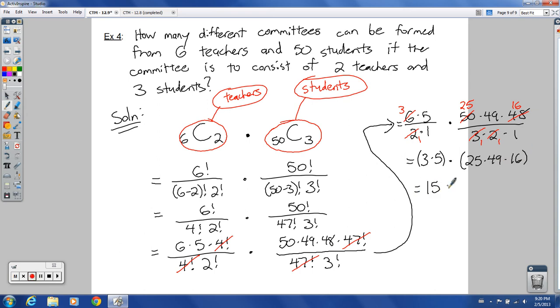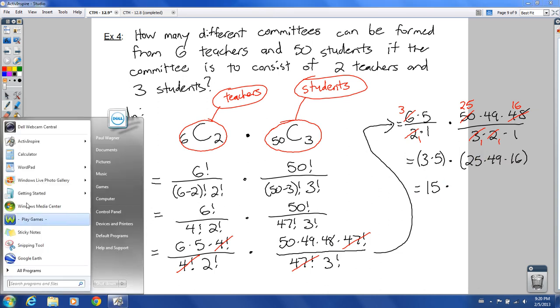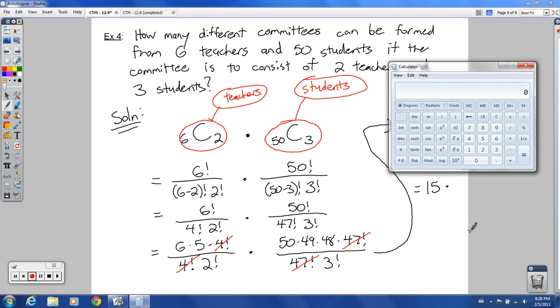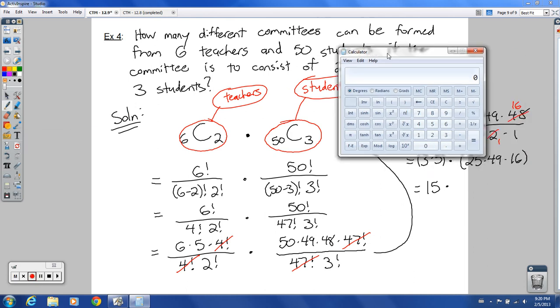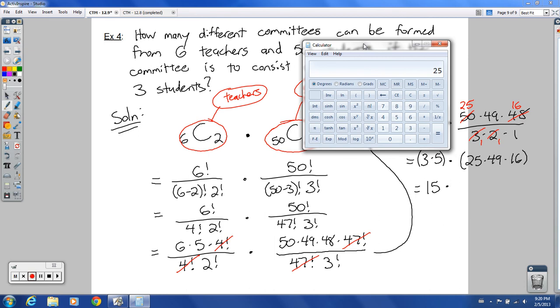This is 15 times, and if you multiply this together, I want to double check this one just to make sure. You should get 25 times 49 times 16 is 19,600.